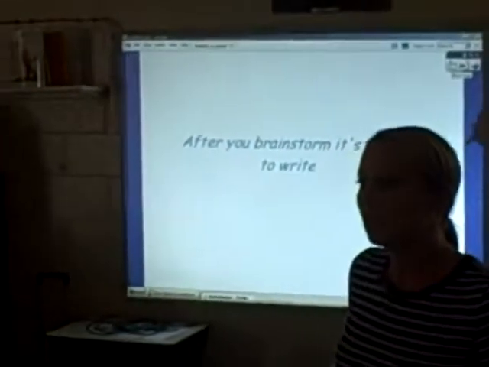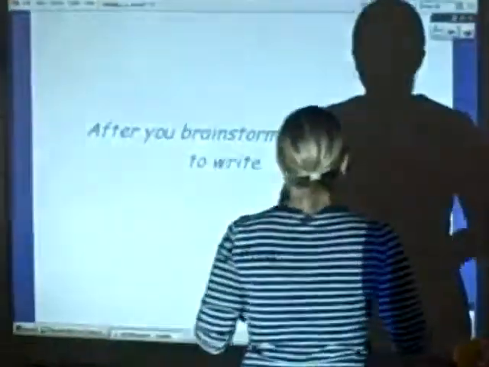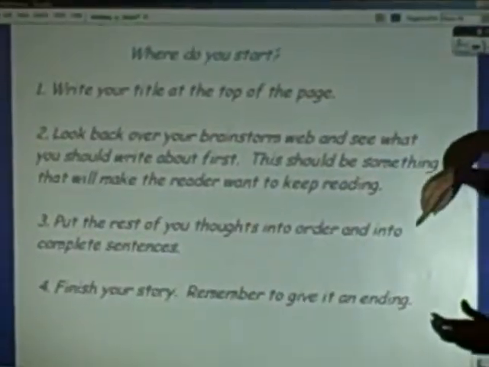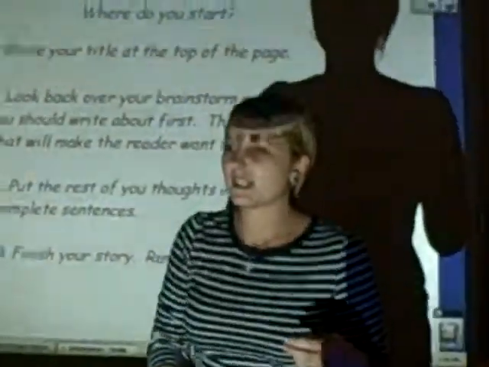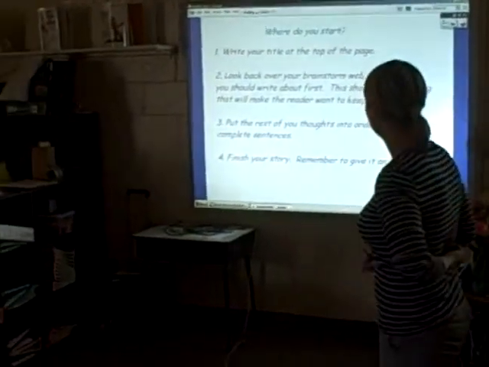What do we do before we start peer editing? Because that's the stage that we're on today. But what did we do first? Right. We write our story. And when you're writing your story, and you did this yesterday, what's the first thing that we do? Write your title on top of the page.